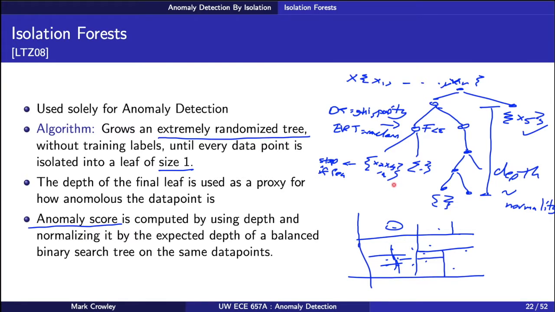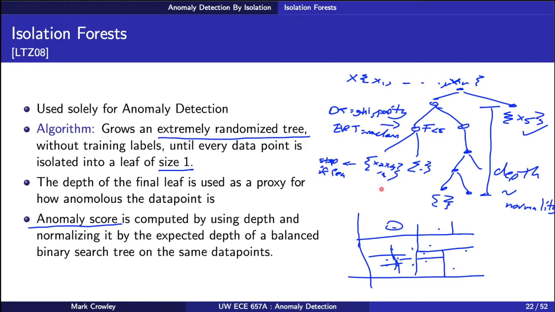In this case, we don't care about that. We keep splitting anyways, at least in the ideal case. You just keep splitting until there's only one left, because you want to be able to tell how hard it was to split that up from all the data points around it. Further, we're talking about anomaly detection here, so we don't even have a label. So there's no way for us to tell if the leaf is pure, because there's no label being told to us that these points all have the same something, right?